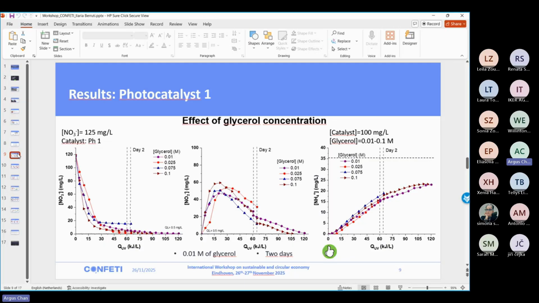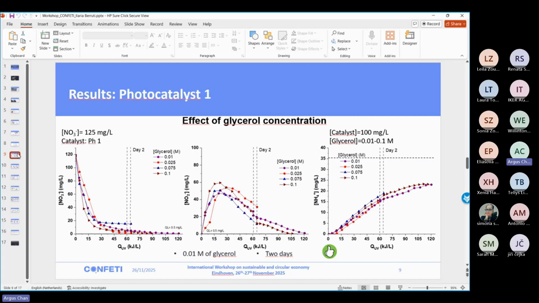So here we can see the optimization of the glycerol concentration in a simple water matrix, which was the mineralized water. We can see that there is no significant effect of increasing the glycerol concentration, so we decided to use the lower one, 0.01. And in this case, we can see that we have nitrite accumulation with the lower concentration, so it's necessary to prolong the experiments over 2 days.